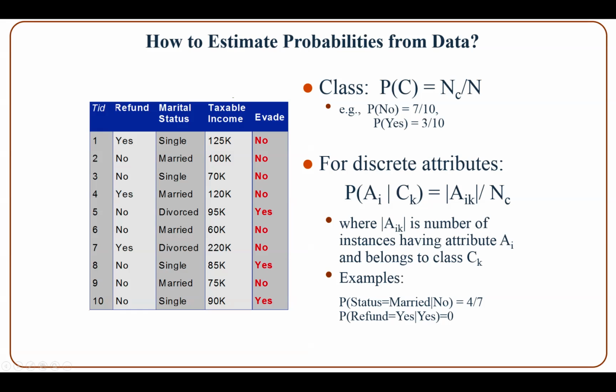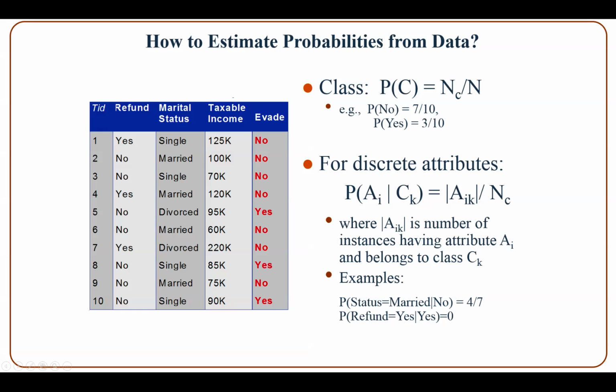For example, the probability of status equal to married given the class is no is equal to 4 divided by 7. That is because amongst 7 records of no in the class information, there are 4 records with the status equal to married.